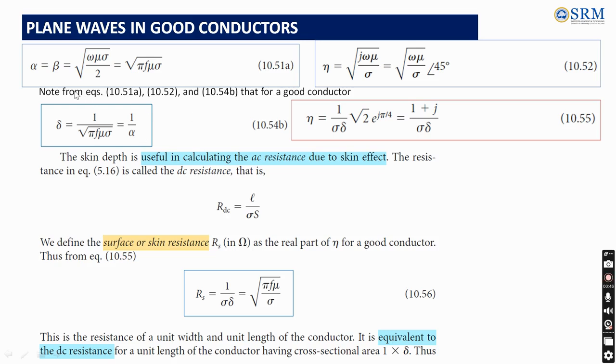And combining all the three, we can write the intrinsic impedance in terms of the skin depth, that is del. So if you do the simplification, we will get 1 by conductivity into the skin depth, and we get one more root because you substitute, okay, for this term I have to substitute 1 by del, means you think in del there is one root of sigma in the denominator.